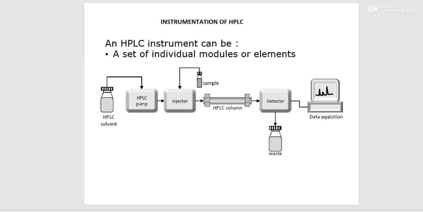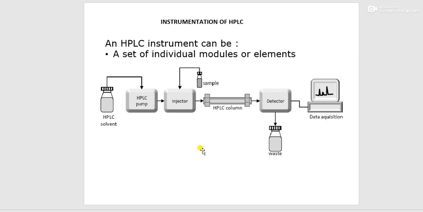Now, instrumentation of HPLC. From this diagram you can see an HPLC chromatograph. Two terminologies you have to be very clear about: what is the difference between chromatograph and chromatogram? Because in my subsequent lectures I will be using these terms.